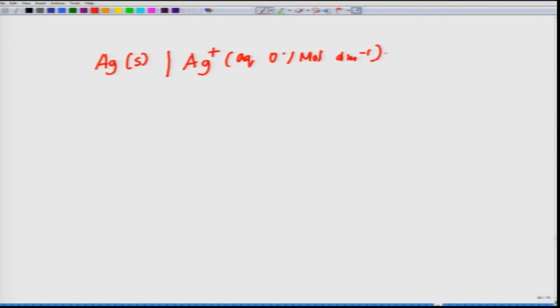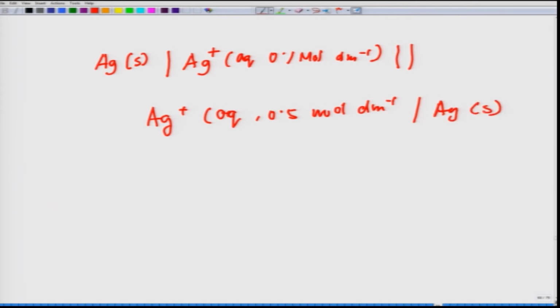On the other side, what do you have? Silver again, Ag plus, aqueous, but 0.5 molar, with Ag solid. Both half cells are silver metal, silver ion electrodes.